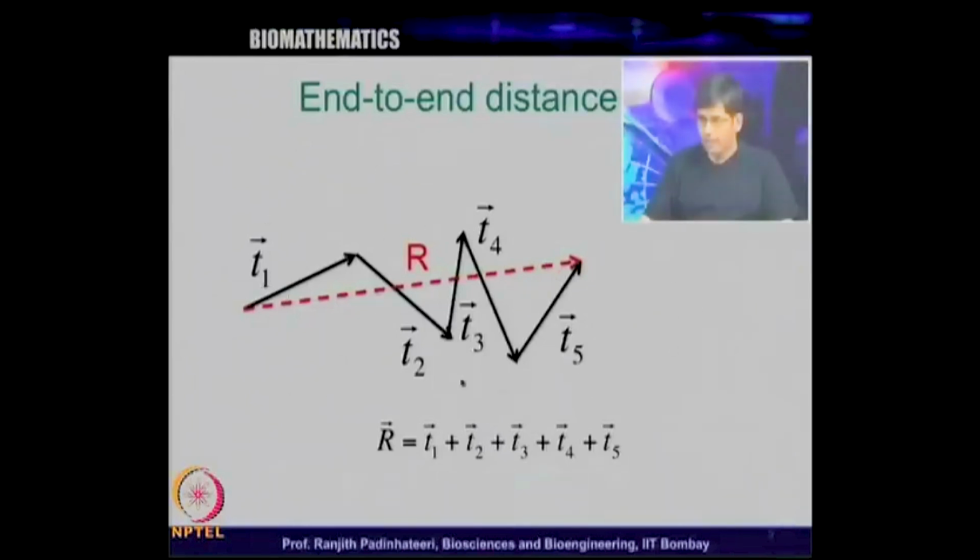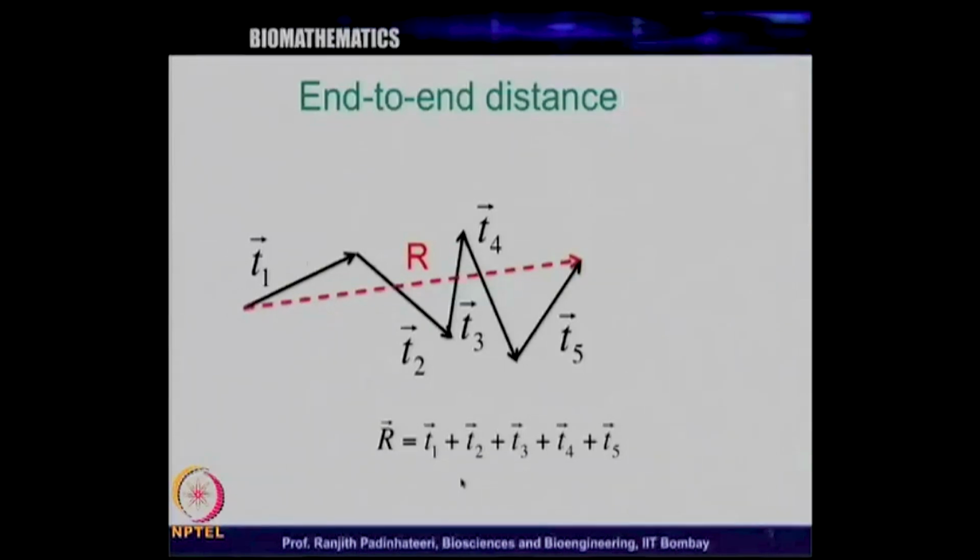In this particular configuration, the rough size can be estimated by this vector R. You might have heard of many other quantities that you can define for this folded size, but let us now define a quantity called the end to end distance, and this is the definition of it.